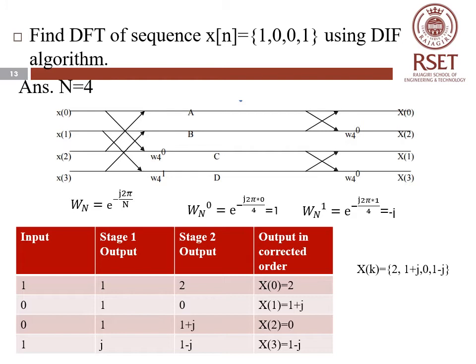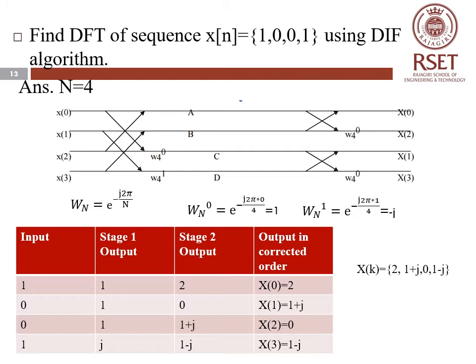So x(0), x(1), x(2) and x(3) are given as the input. And the final output, as we have seen, has bit reversal, so the output order will be X(0), X(2), X(1) and X(3).